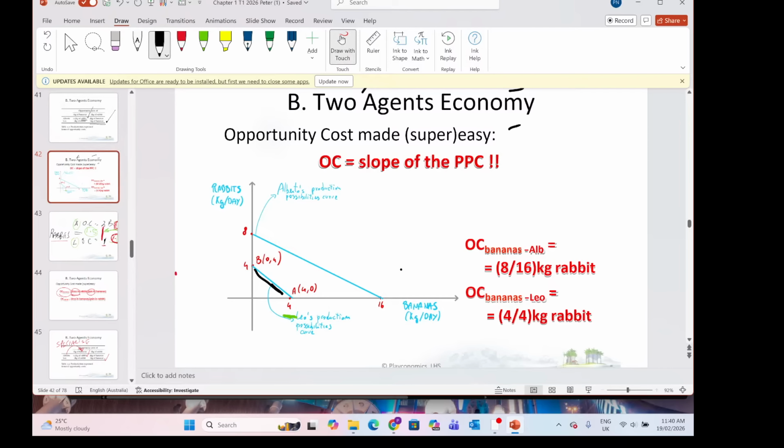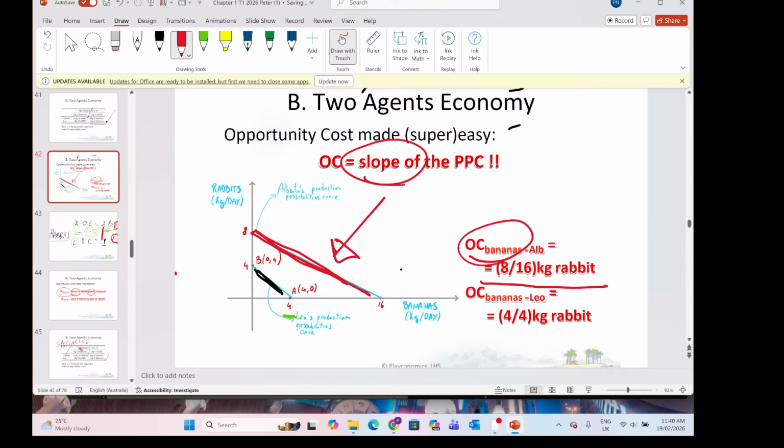We can see that Leo has a little production possibility curve. Alberto has an absolute advantage in both, and Alberto's slope is less steep than Leo's because his opportunity cost in bananas is lower than Leo's.